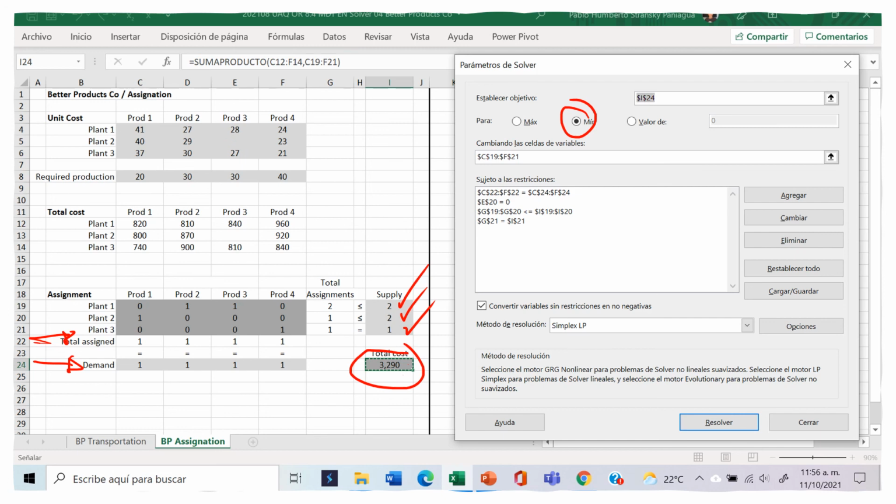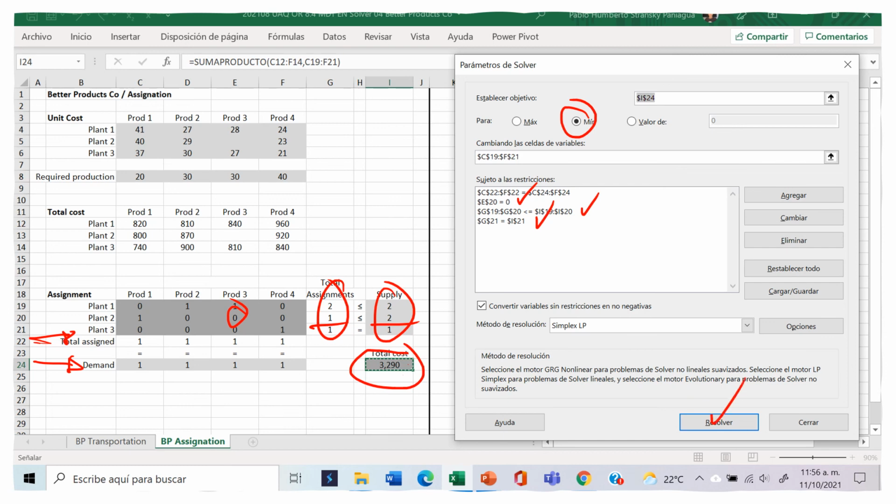And what we're doing is we're saying that we want E20, this cell, to be equal 20. Then we say that supply should be less or equal to assignments, and also we're going to separate it, the first part for plant 1 and plant 2, and then the next one for plant 3.